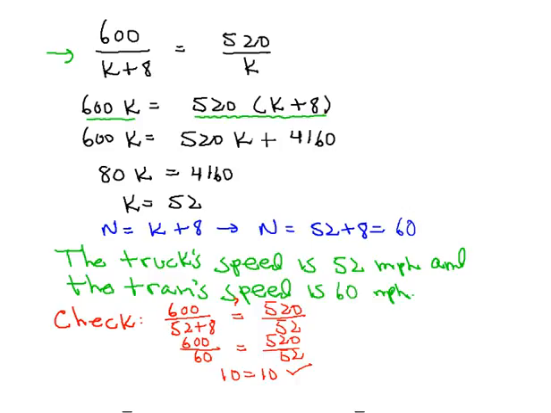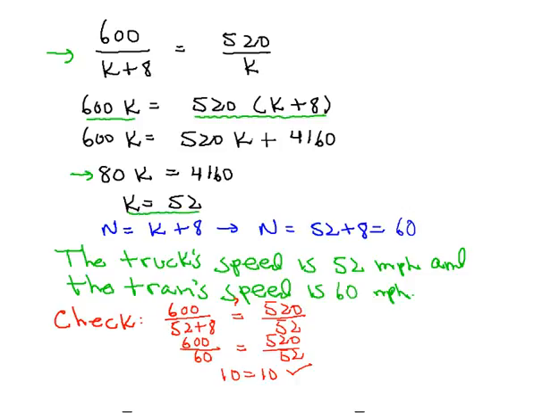If we distribute on the right hand side, we'll get 520K plus 4,160. And then subtracting 520K from each side, we end up with 80K is equal to 4,160. And then dividing each side by 80, we end up with K being equal to 52.